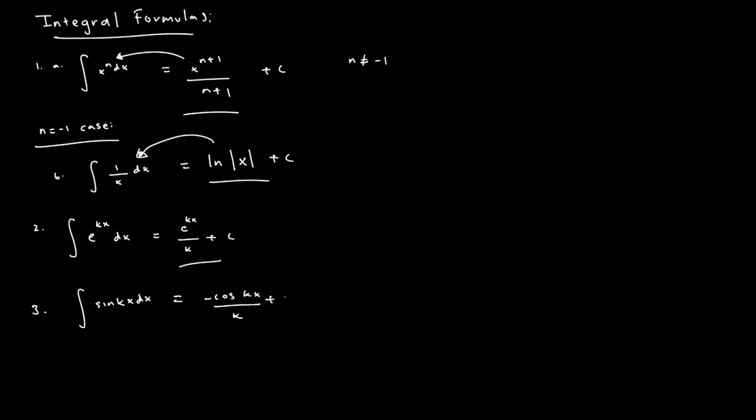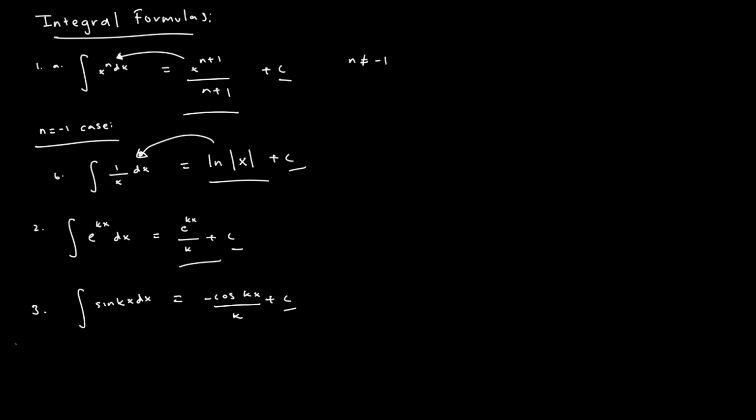And again, the reason why we need all of these plus c's is that when you take the derivative of a constant, you get 0, and so there can be infinitely many functions that satisfy this integral, because you can have a 0 derivative and you can place any value of c over here. So you just have to make sure that we're mathematically correct and we satisfy all the possible values, so that once you take the derivative of this, you get back this. You need that plus c.